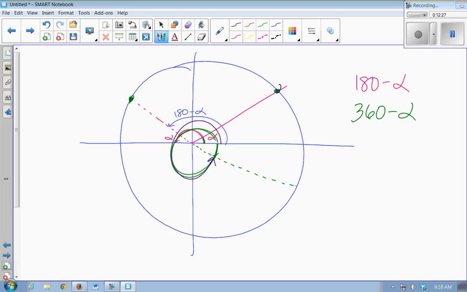And then this point and this point are related in that they're reflections over the x-axis. So same coordinates, except that if this is x, y, this is x, negative y. So if you know this point, you can get the exact coordinates of all of these other points that they were asking you to get.